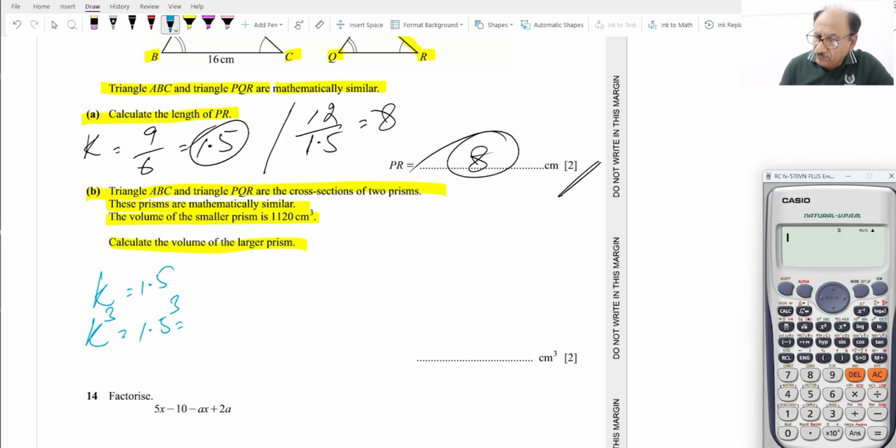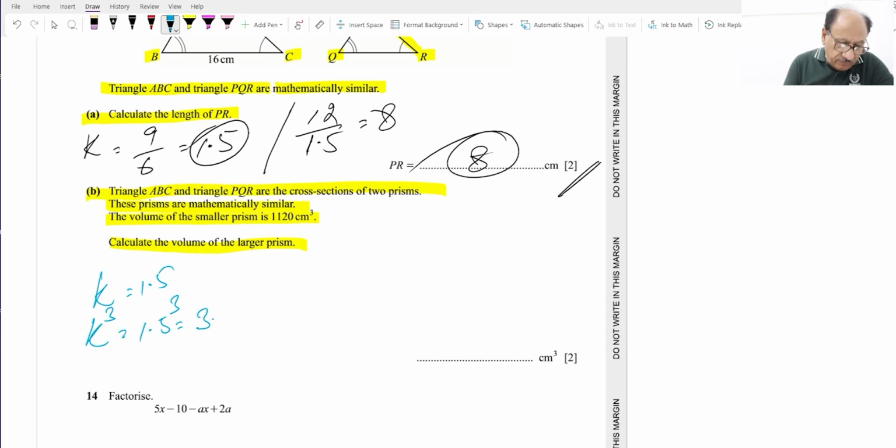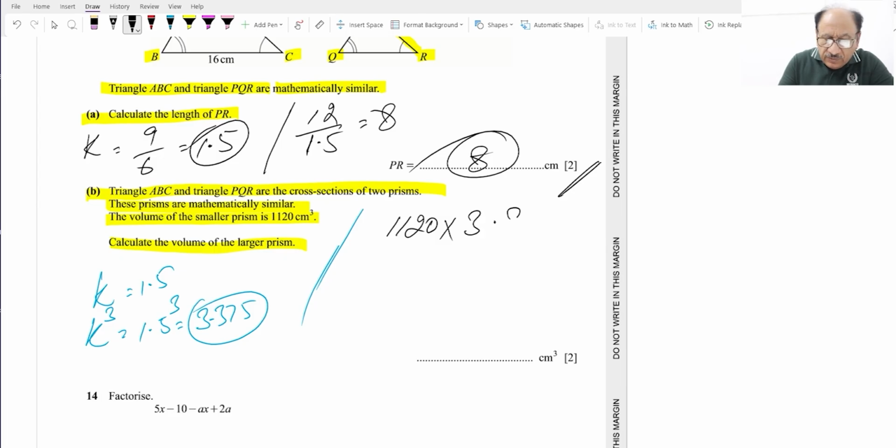This will be 1.5 cubed, and it is equal to 3.375. This is the k cubed value which we will be using, and the volume of the smaller one is 1120, and this will be multiplied by 3.375.